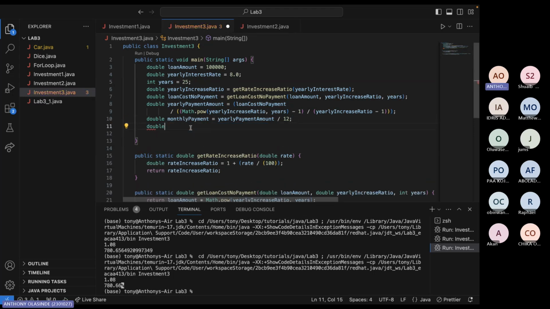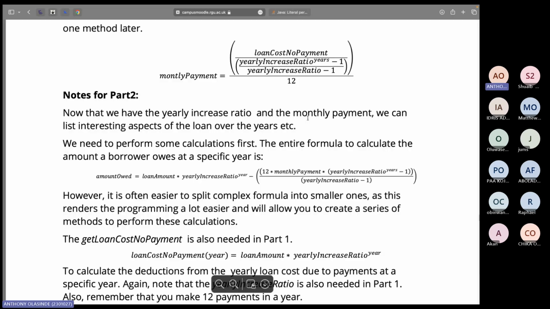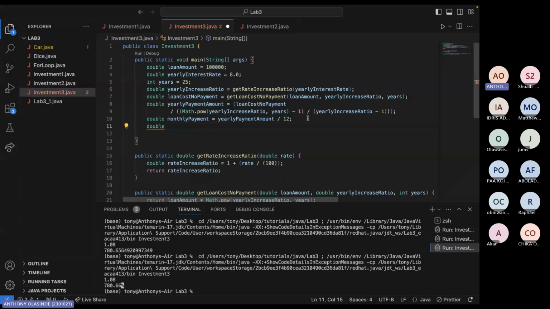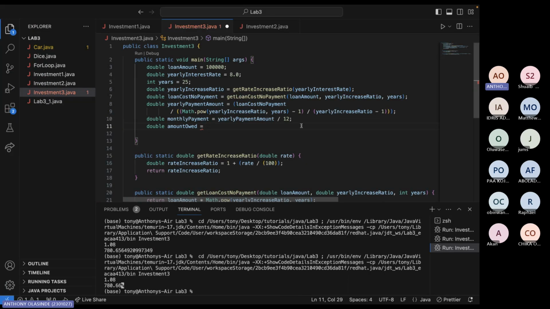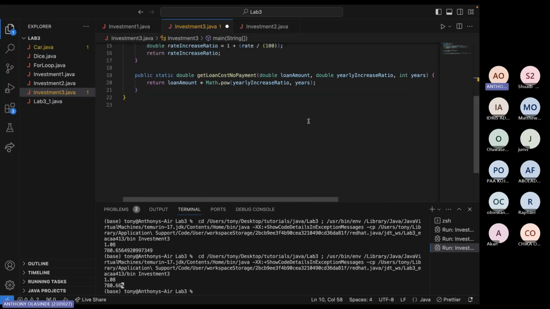So double amount owed equals loan amounts, yearly increase ratio, blah, blah, blah. Let's just go with the spirit of methods, right? Let's create a method for it.